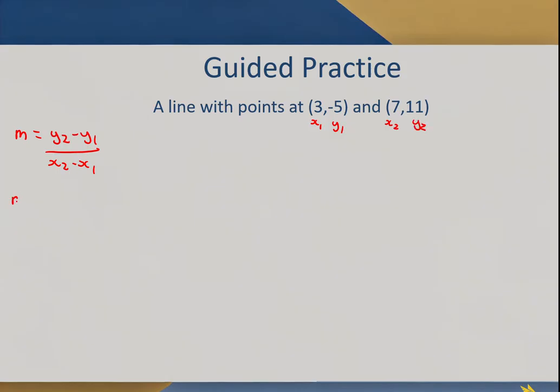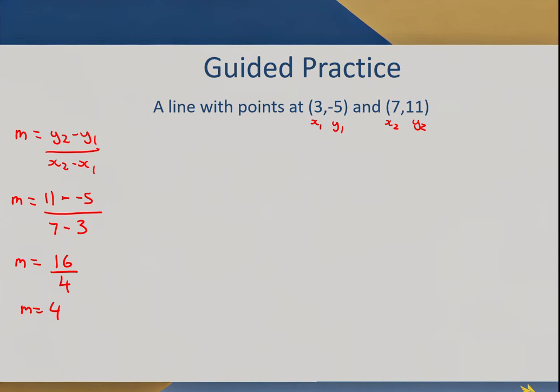The next step is to substitute those values in. So 11 take away negative 5 over 7 take away 3. A negative is a positive, so it's actually saying 11 plus 5, which is 16. 7 take away 3 is 4, and m is equal to 4.